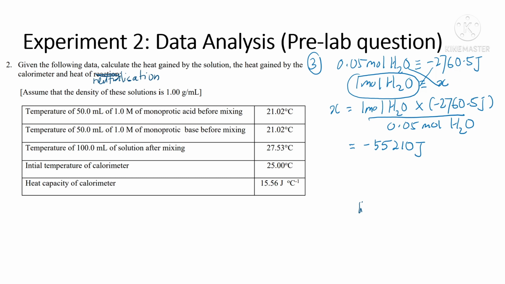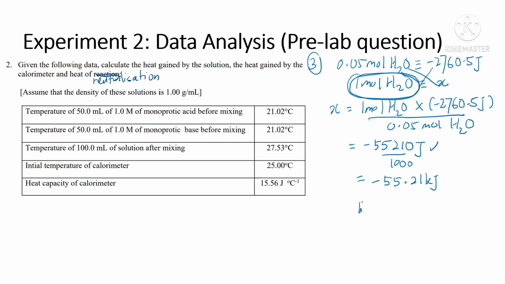This is equal to negative 55,210 joule. For heat of neutralization, usually we write it in terms of kilojoule. So to convert joule to kilojoule, we just need to divide it by 1000, to give us the amount of heat released in a neutralization reaction when 1 mole of water is being produced equal to negative 55.21 kilojoule.